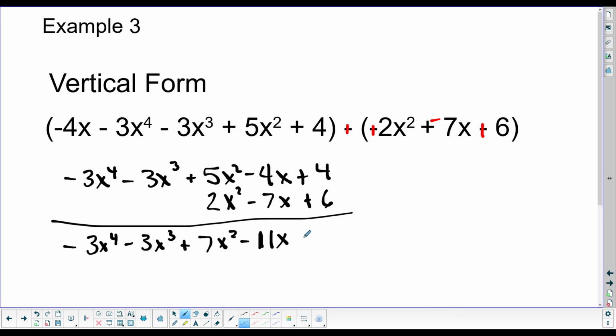And then 4 plus 6 gives me 10. So I end up with a quartic polynomial with 5 terms and a leading coefficient of -3.